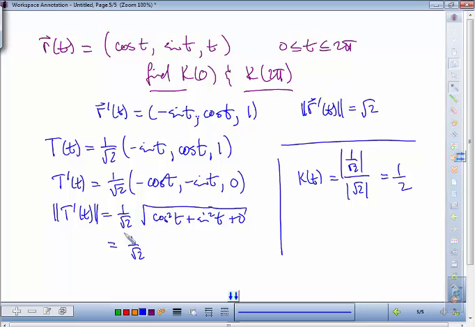The T goes on top, the T prime. Anything else that could be wrong? Can you guys see anything?